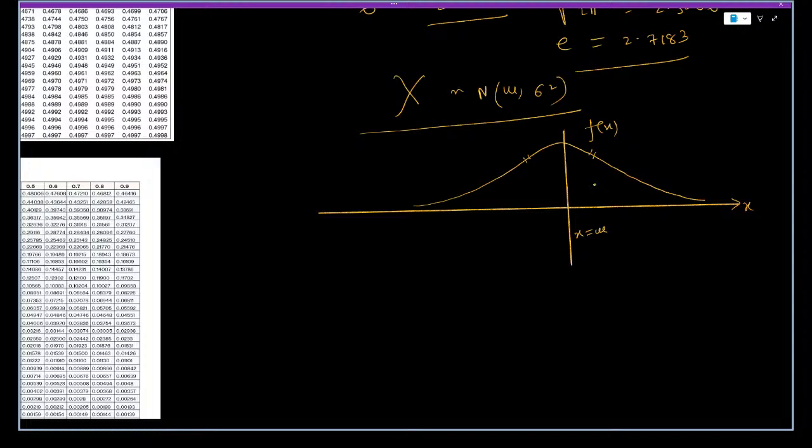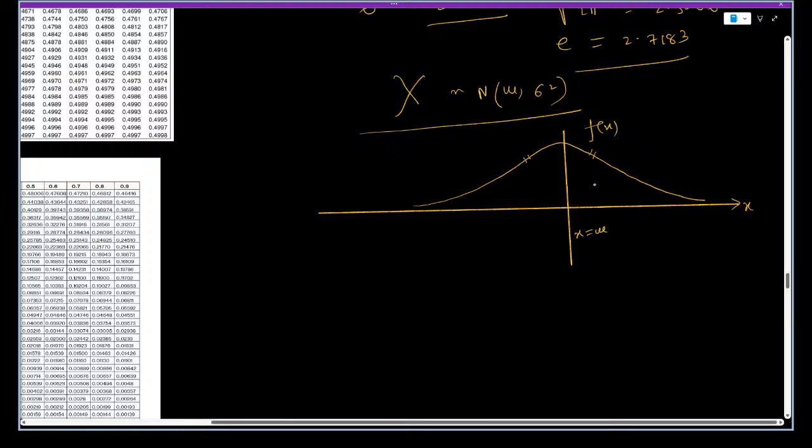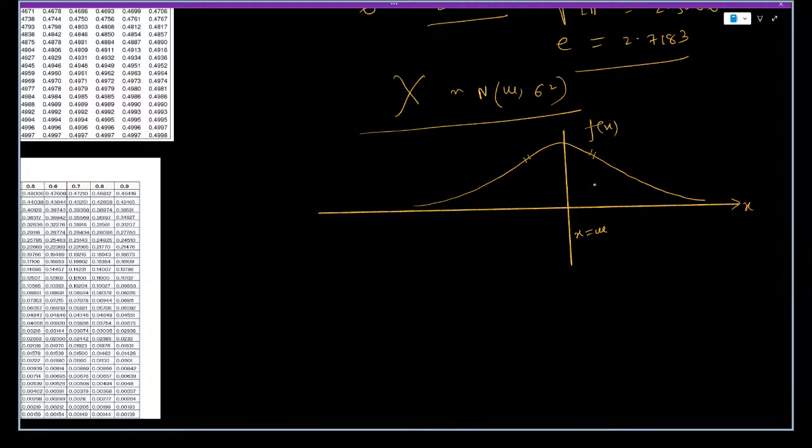The value of f(x) increases numerically up to this point x equal to mu, then its value gradually decreases. Okay.